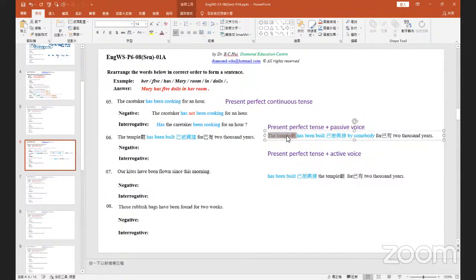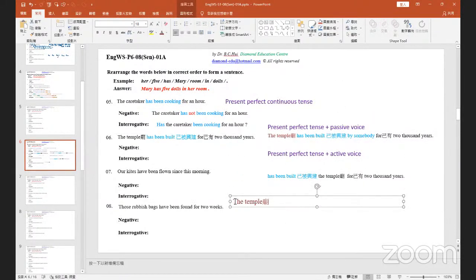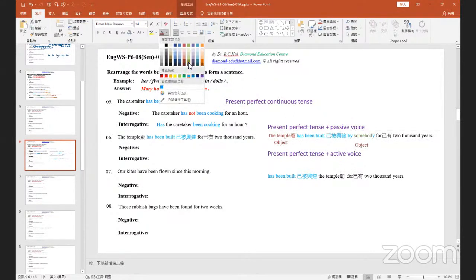You have object in front. If you have object in front and subject after the verb, somebody, somebody is a subject.